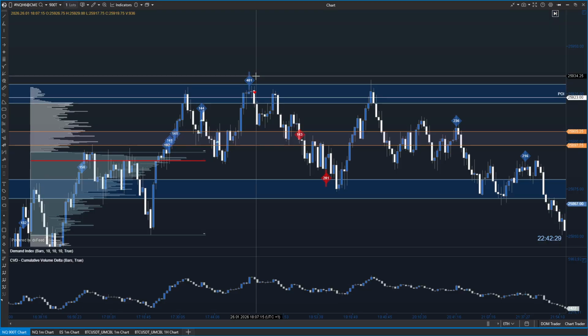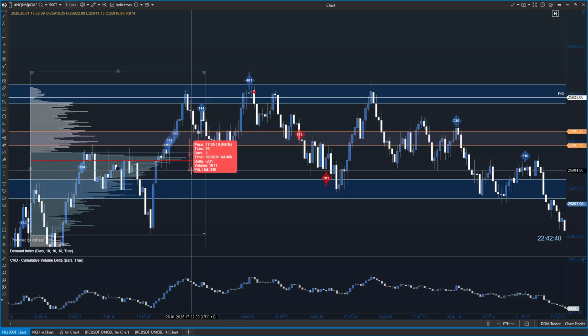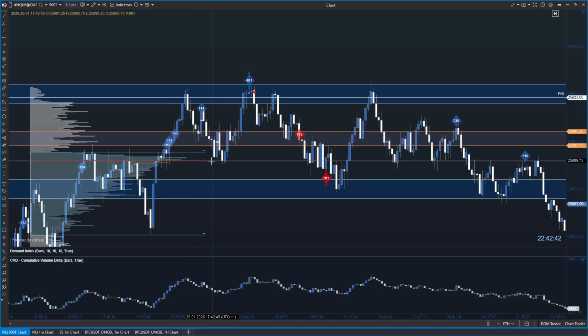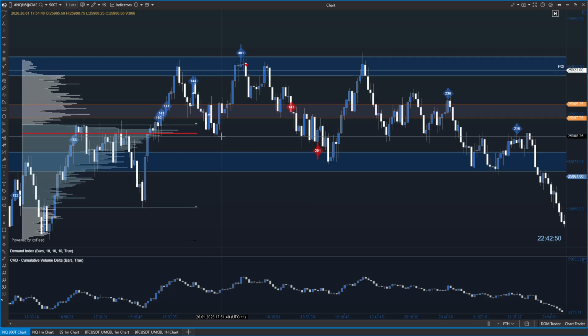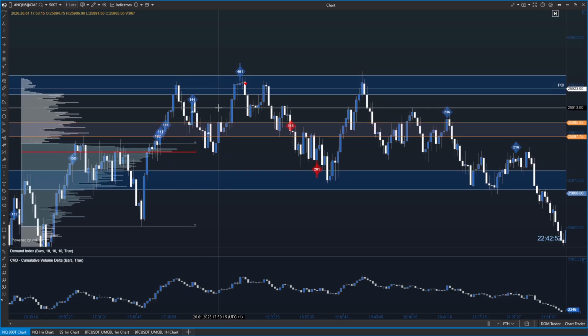So I don't put a limitation on the profit, but I'm managing my stop loss dynamically, where the order flow is last to step in. And if this point here would break, I don't want to have my stop below here, because that makes no sense. And yeah, you can see the market went down.